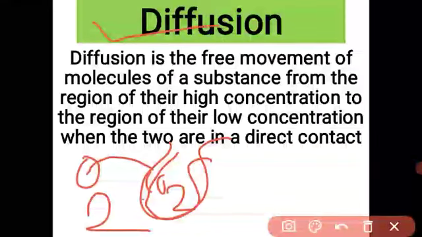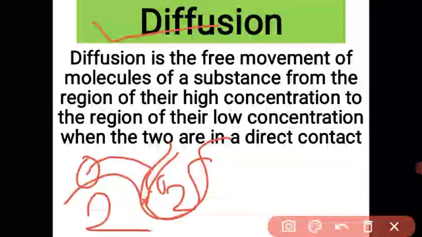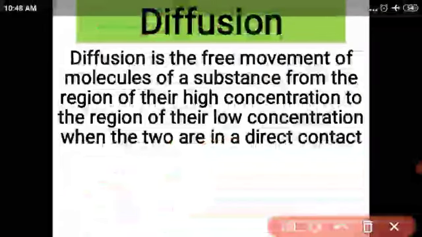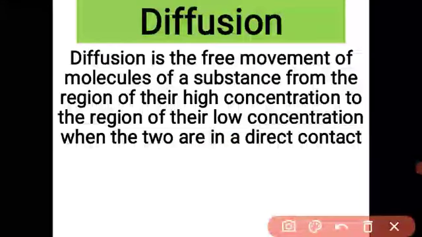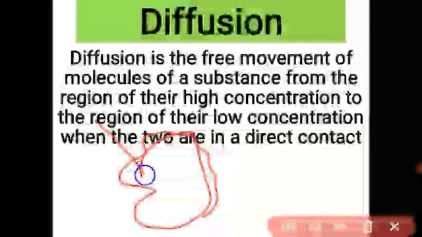Same like that, carbon dioxide also moves from high concentration to lower concentration by diffusion. In single-cell organisms like amoeba, it absorbs oxygen from outside by the process of diffusion.